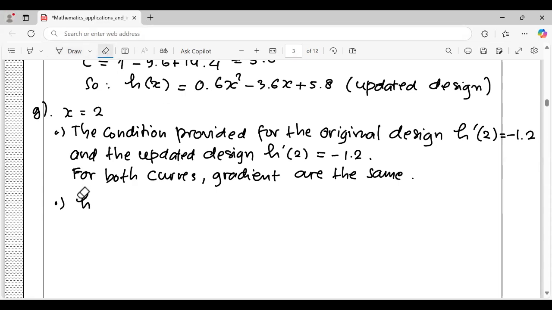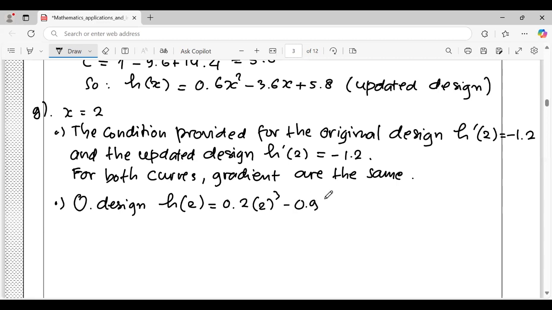Next, for x equals 2, the original design: h(2) equals 0.2 times 2 cubed minus 0.9 times 2 squared plus 3.